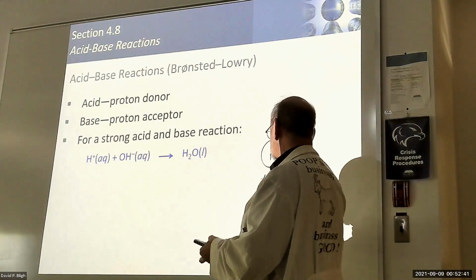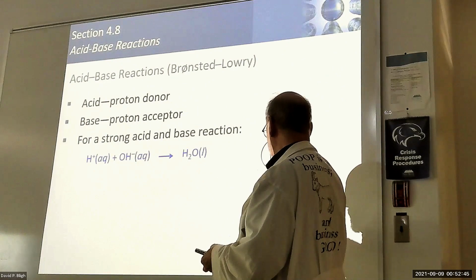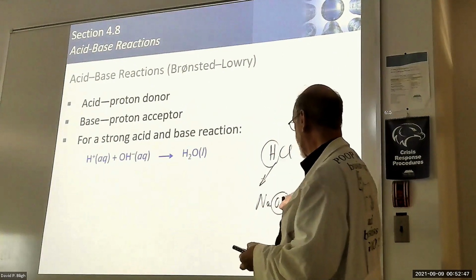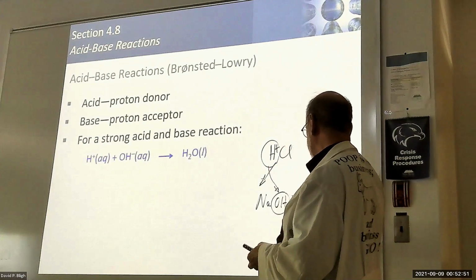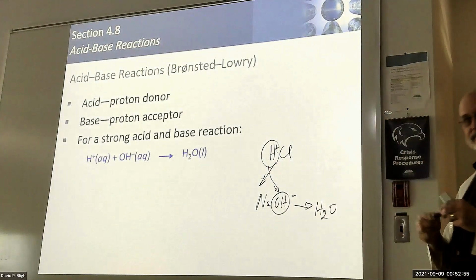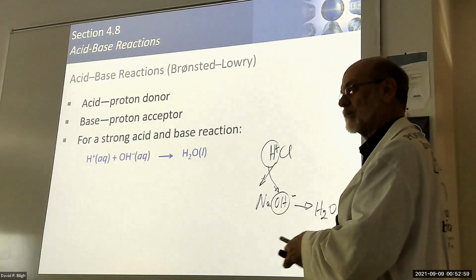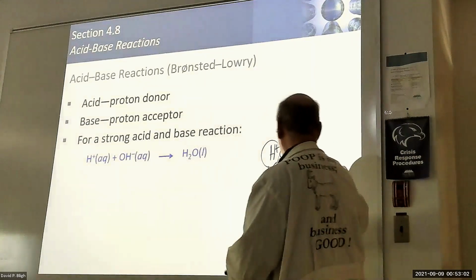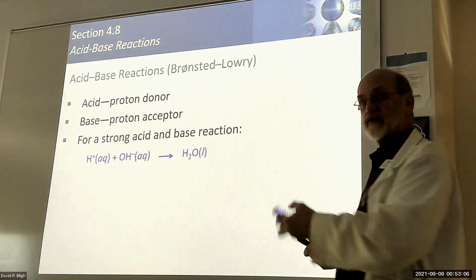So it could be sodium hydroxide, in which case this negative anion accepts that positive proton and makes what? Water. That's the product of all acid-base reactions, water. In addition, well, for those two, you have chloride ions and sodium ions.